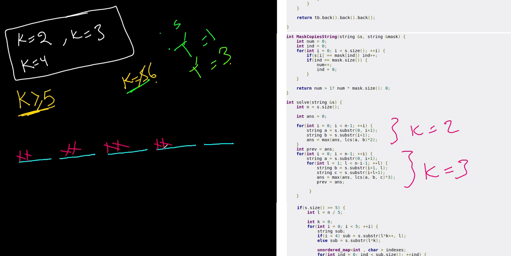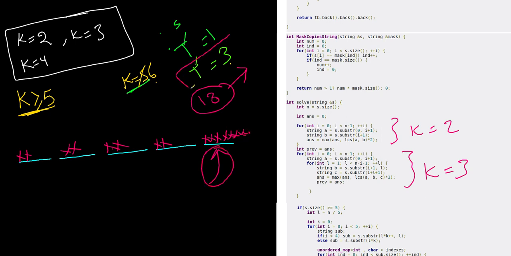So 2, 4, 4, we have 8, so it remains 10 characters in the last one. And as you can see, no matter how you distribute these characters, the 18, the length of the powerful subsequence, at least one segment can contain the whole T prime, or the whole copy.